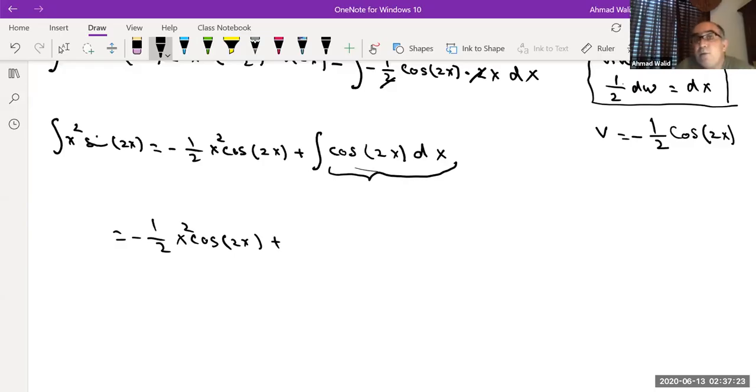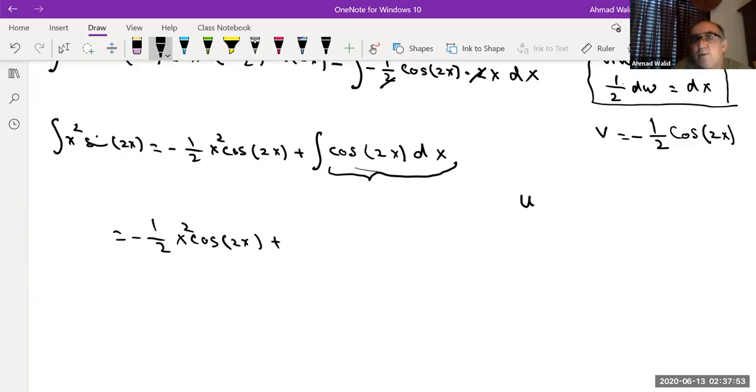Here you have to apply the by-part rule again, integration by part, because you have cosine 2x and dx. dx means 1 dx. It means you have to apply here again the integration by part.